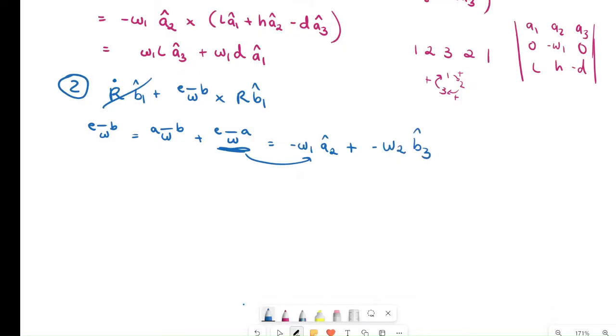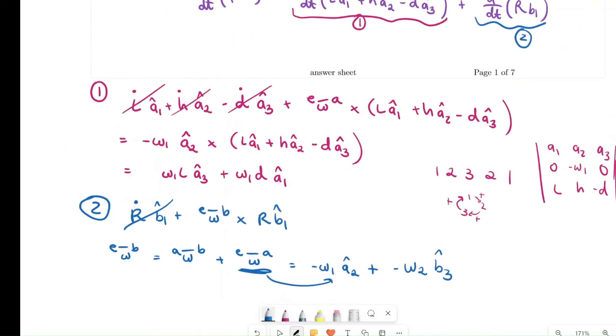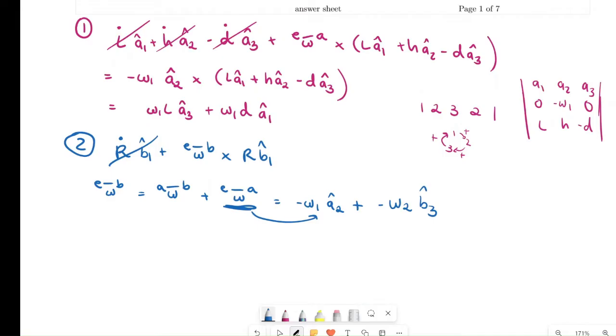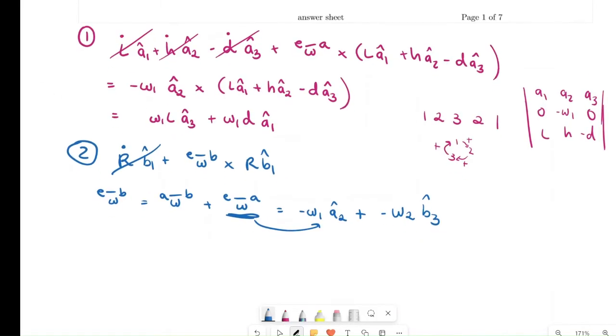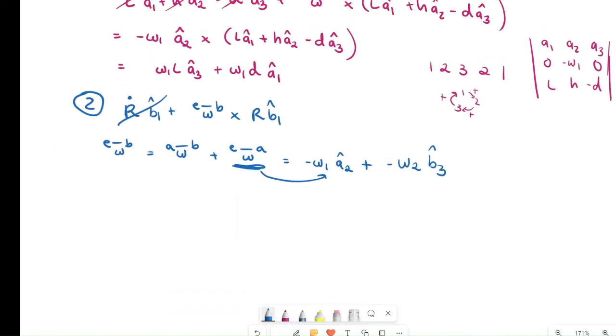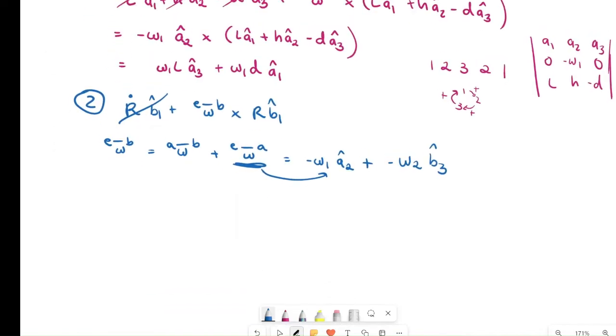This is cool, but also not cool because we have the angular velocity in two different frames' unit vectors, A2 and b3, and we cannot just cross product these terms. Let me rewrite this now that we have our answer.